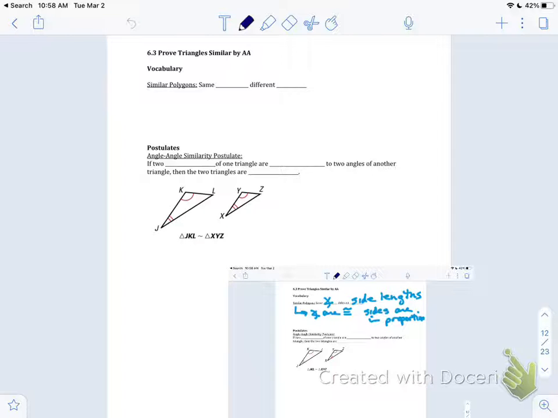All right, so this angle postulate lets us prove that two triangles are similar.